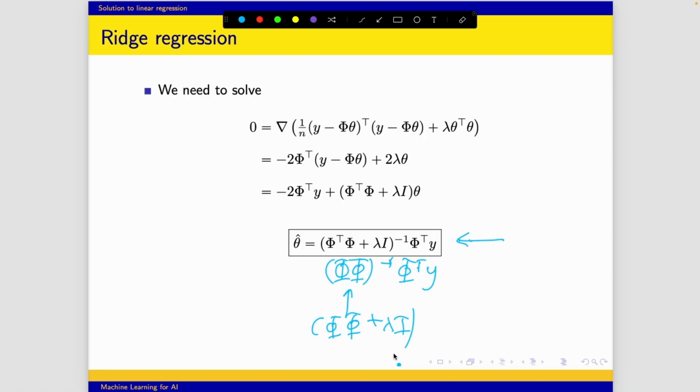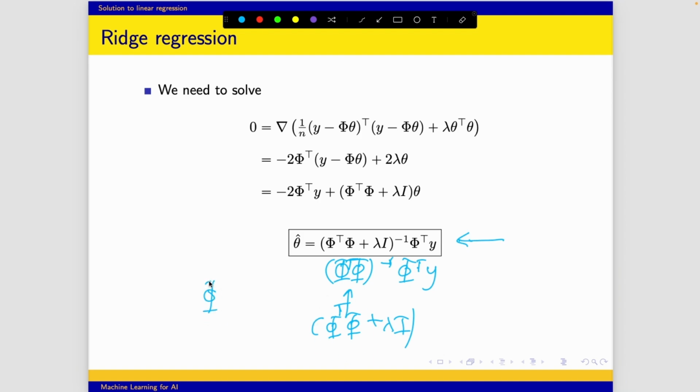This is also a common way, in numerical computations involving matrices, of stabilizing a problem when we have an ill-posed, or ill-conditioned, matrix.